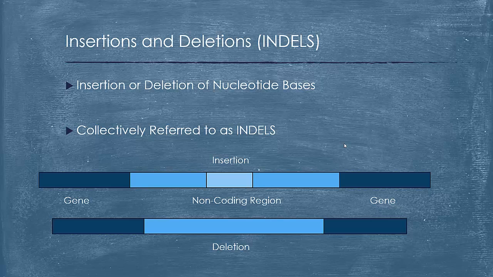Right, another type of DNA variation are insertions and deletions, collectively referred to as indels. And this is essentially the insertion or deletion of nucleotide bases. Now, they are referred to collectively as indels because it is impossible without comparative studies to determine whether the deletion or insertion status is the original configuration of the DNA.